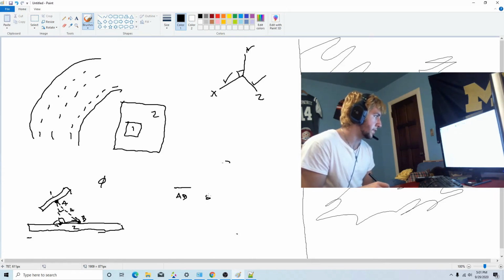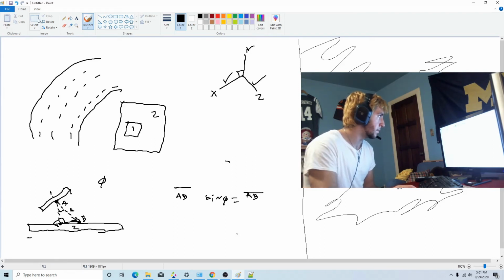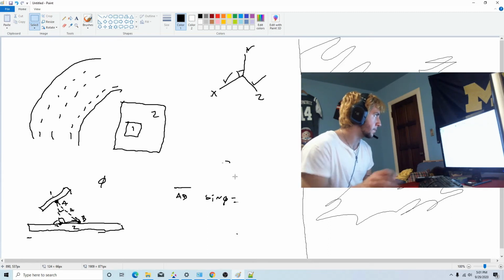So if we want to find the sine of this angle, it's required for rotation, theta, it's equal to opposite, which is distance BC, which is our opposite angle, over our hypotenuse, distance AB.